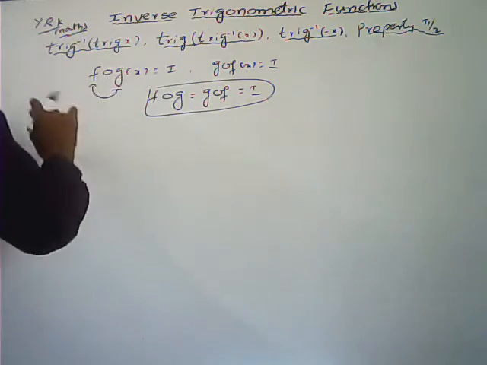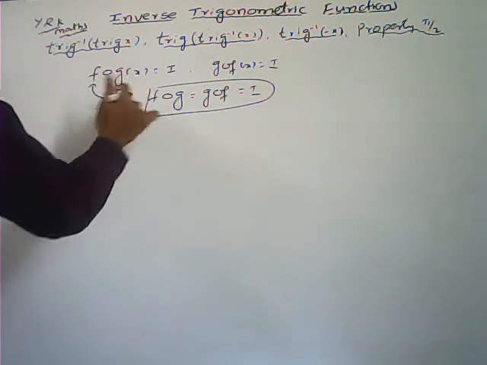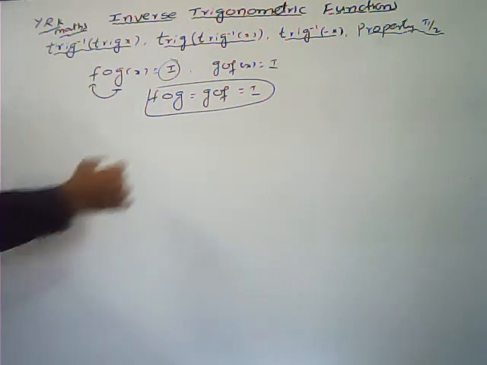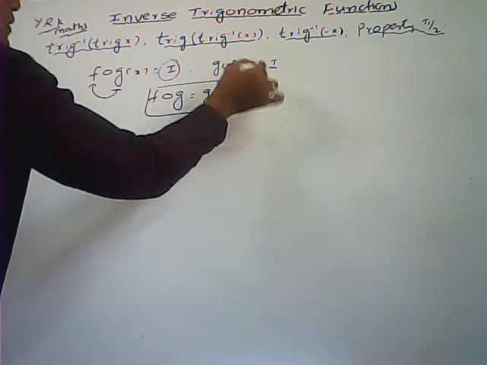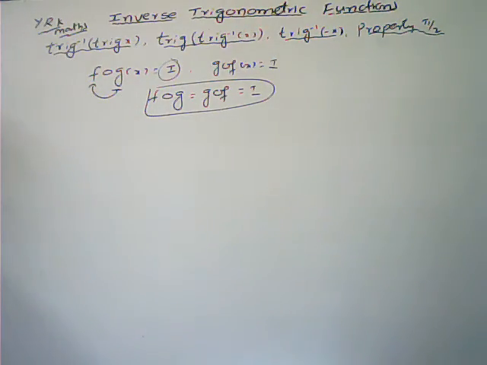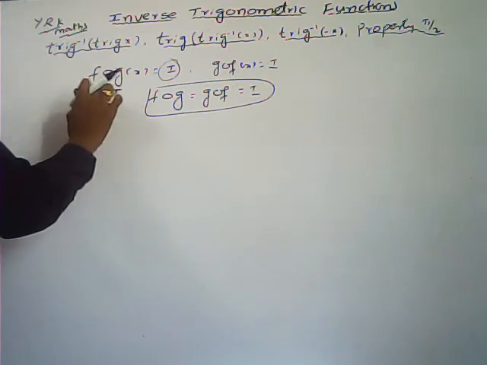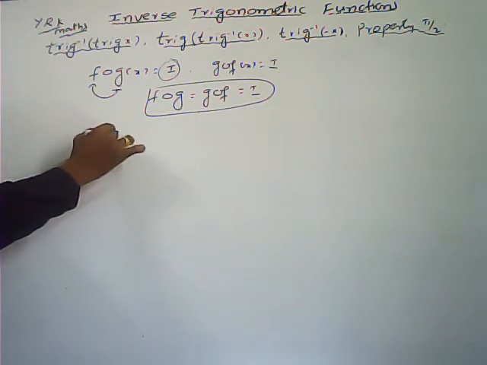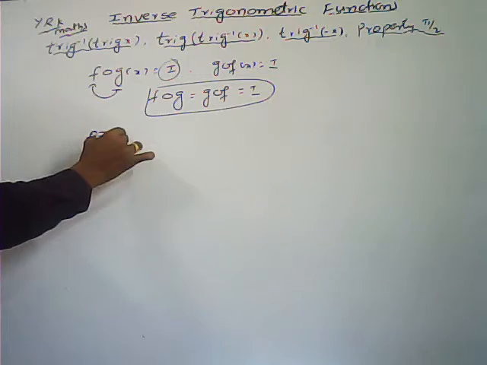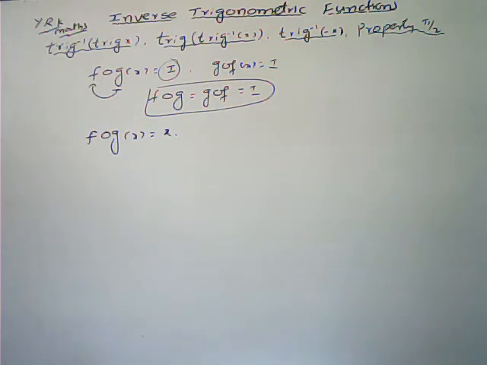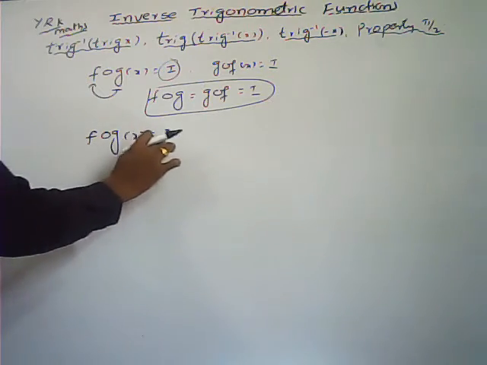Now here f circle g is equal to I. What is the meaning of this one? F circle g is the identity function on the domain of g only, and g circle f is the identity function on the set f. See here, f circle g is the identity function means f circle g of x equals x, the image of x only.